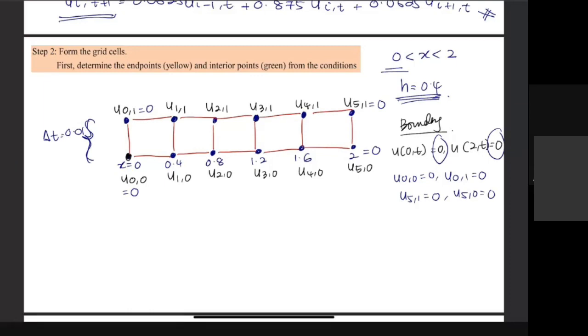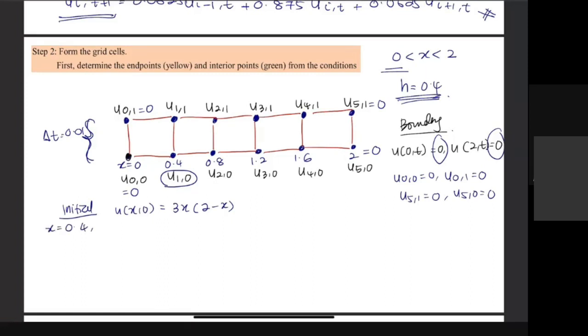Okay, next, we determine the value here, below this, using the initial condition. U x 0 equal to 3x(2 minus x). So the temperature follows this function. So we determine this point first. Here x equal to 0.4.